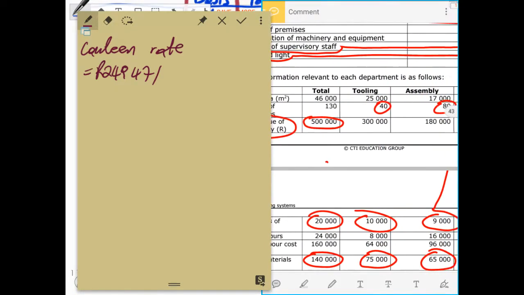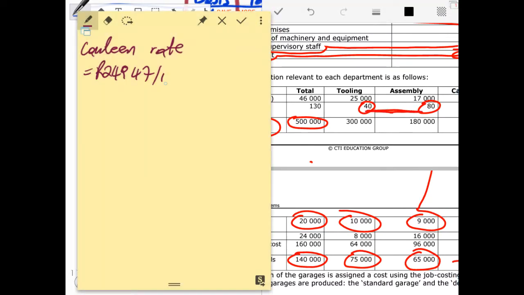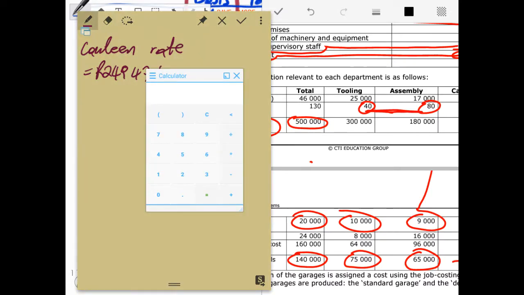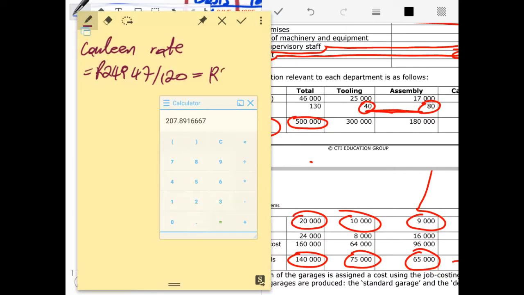Remember, we don't include the canteen anymore, so the total of the two will be 120. 24,947 divided by 120 gives us 207.89.